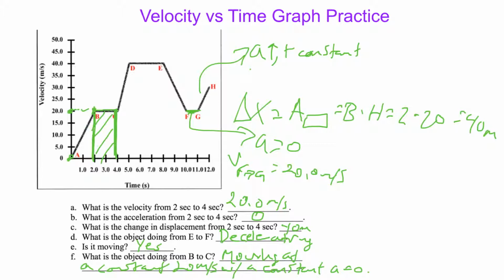The velocity is changing. The velocity is not constant. Notice that you have a velocity here and a velocity here and a range of them in between. We have a velocity of like 30 and this one's 20, so that's a 10 meter per second change in velocity from G to H.